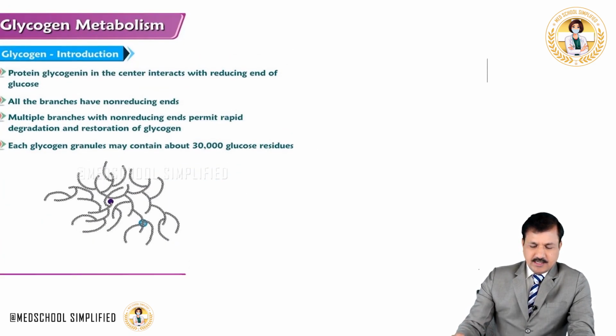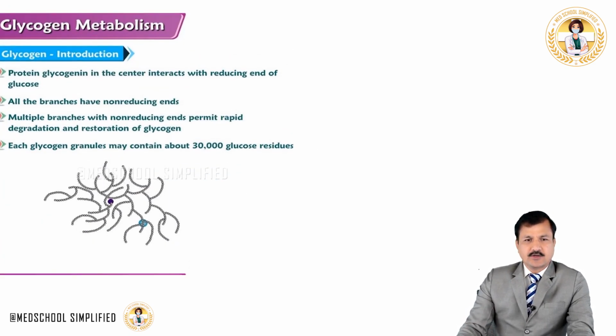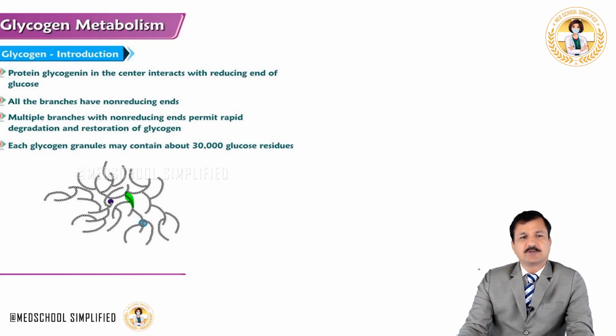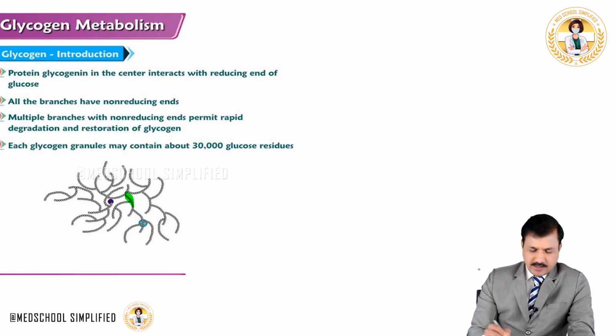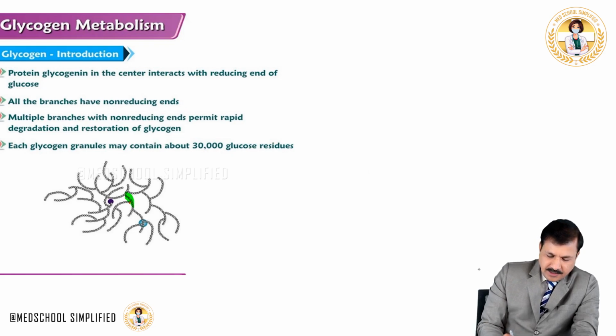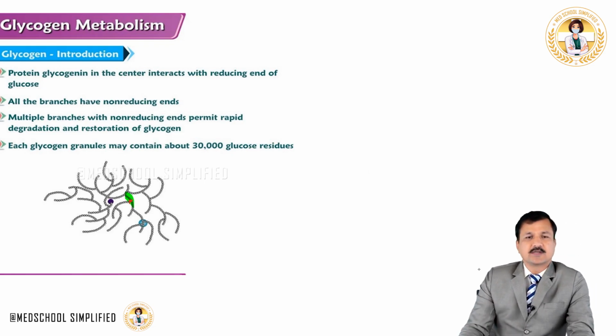Now here is the structure of a glycogen granule. As you see here, the linear form of glycogen is made with alpha-1,4 bonds, whereas only at the branch points there will be alpha-1,6 bonds.